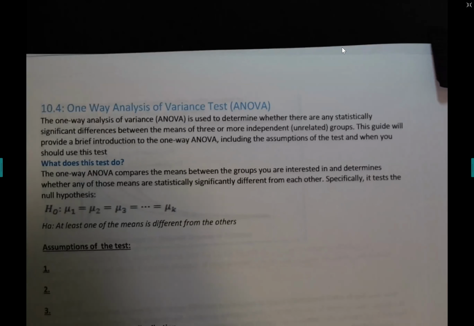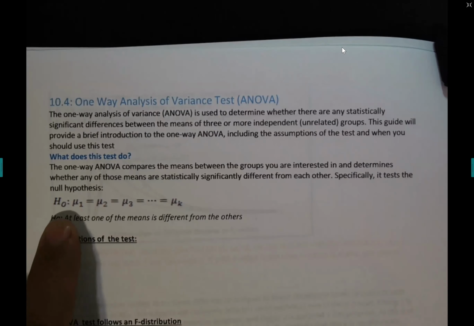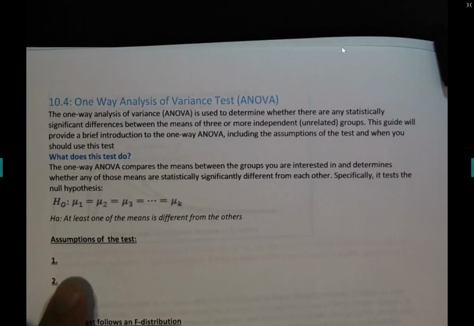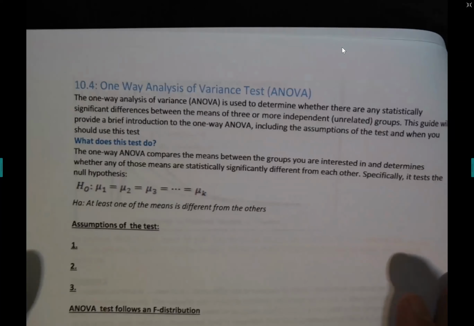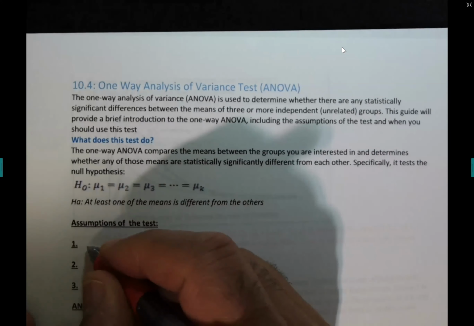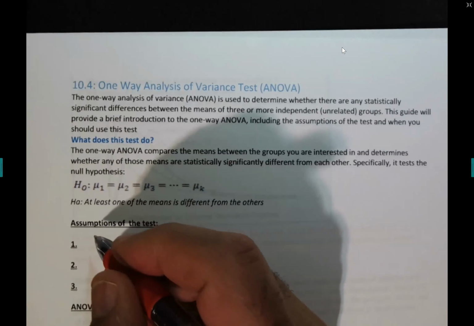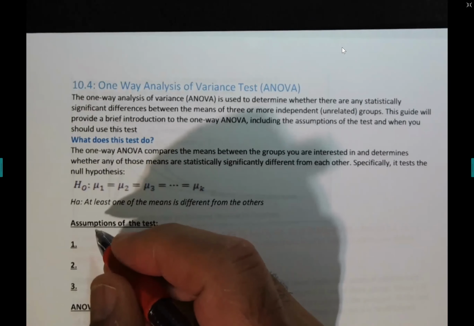Okay. So for analysis of variance, this is how you state H0, and this is how you state HA. Assumptions of the test. In order to run the test, we have to make some assumptions, and the assumptions are the following, guys. Let me just state those assumptions right here.